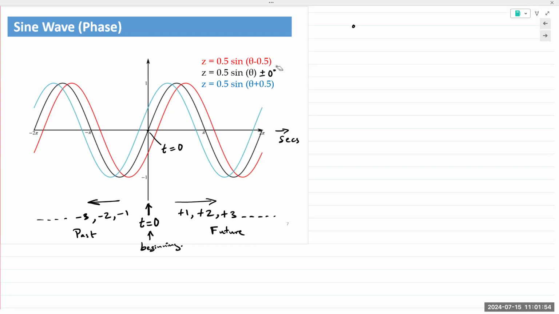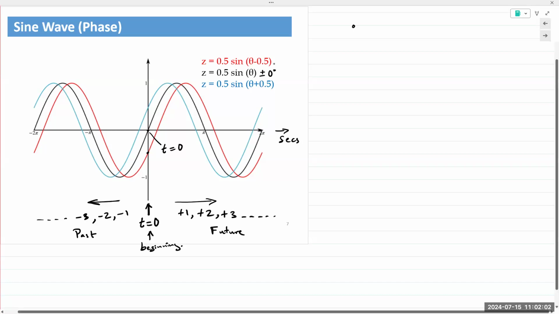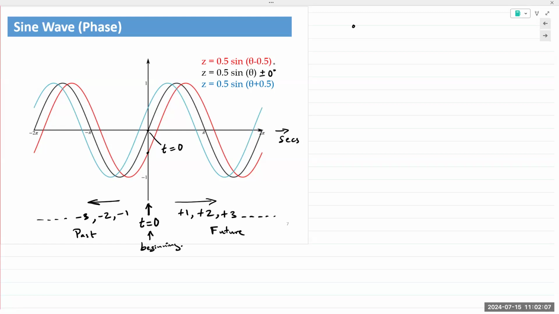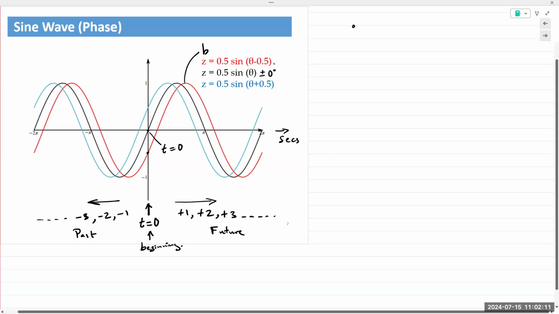However, at time t equal to 0, the waveform in red has not yet arrived. It has a value negative 0.5. Okay. So we can say the waveform in red is behind the waveform in black. And the distance between the two is described by this phase.